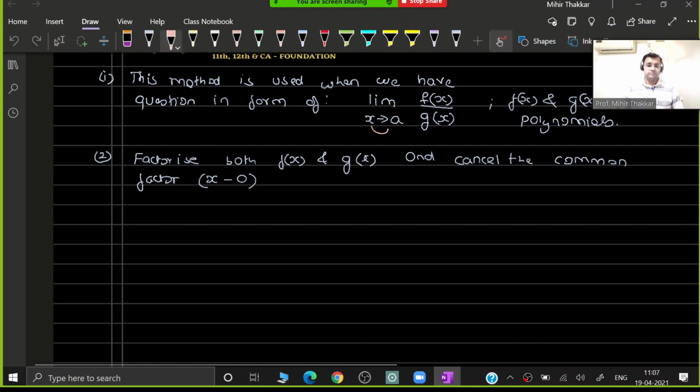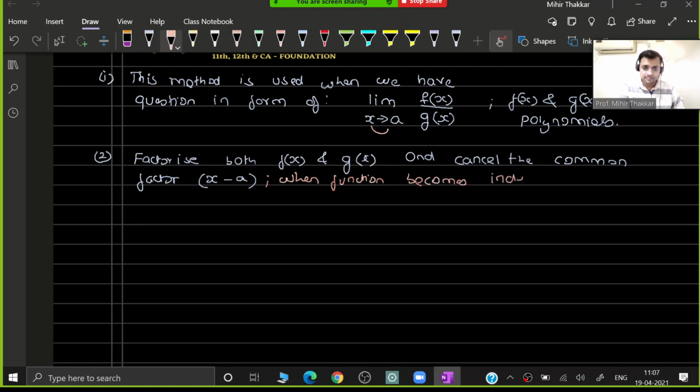So here, because we are writing it in general x tends to a, so I will write the common factor as x minus a. So we will cancel the common factor when function becomes indeterminate. What is the meaning of indeterminate?